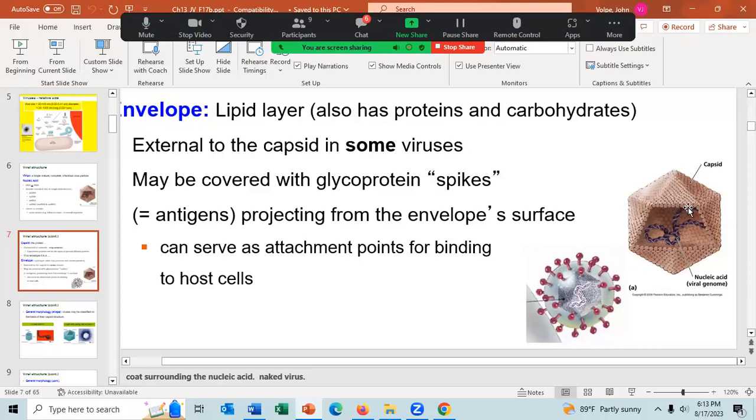For this virus, which has no spikes, where are the molecules which bind to its host cell? I'll give you a hint. It's the outermost molecules of the virus. Anyone gonna guess? Well, think about it. Where are the molecules of this virus which attach to the host cell receptor?